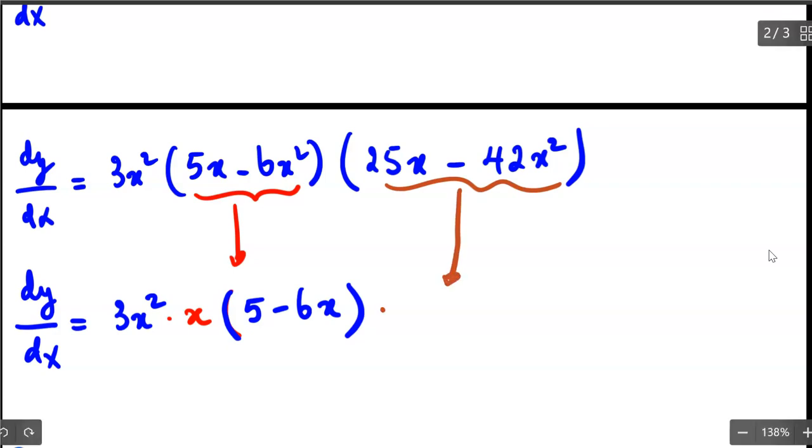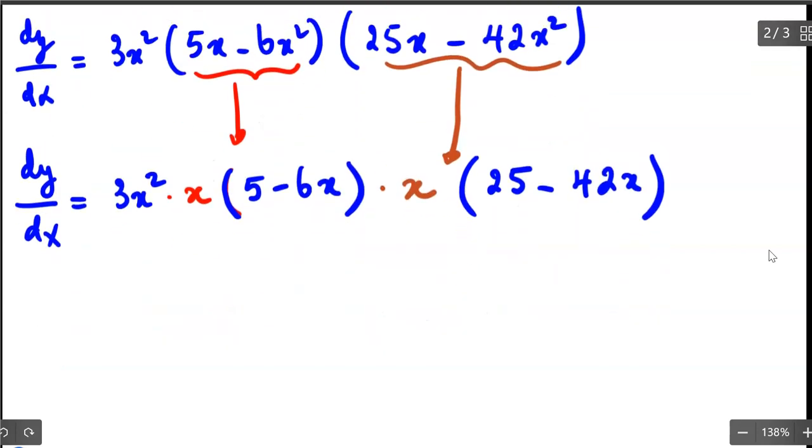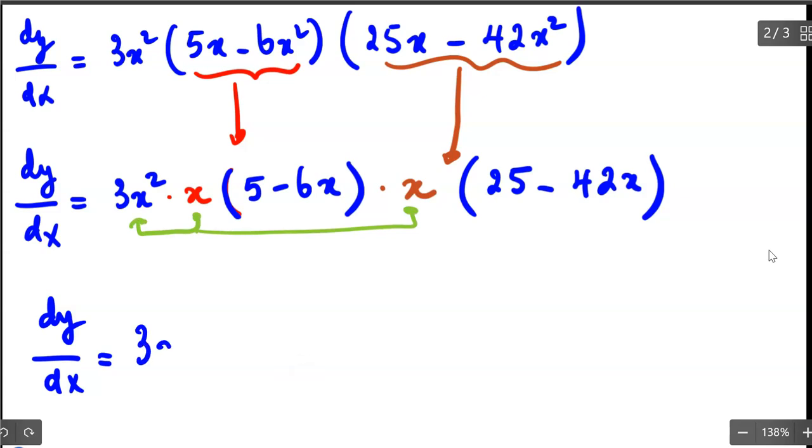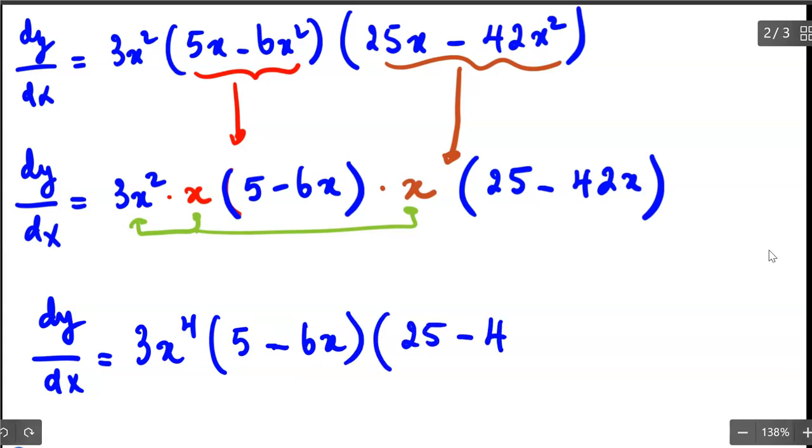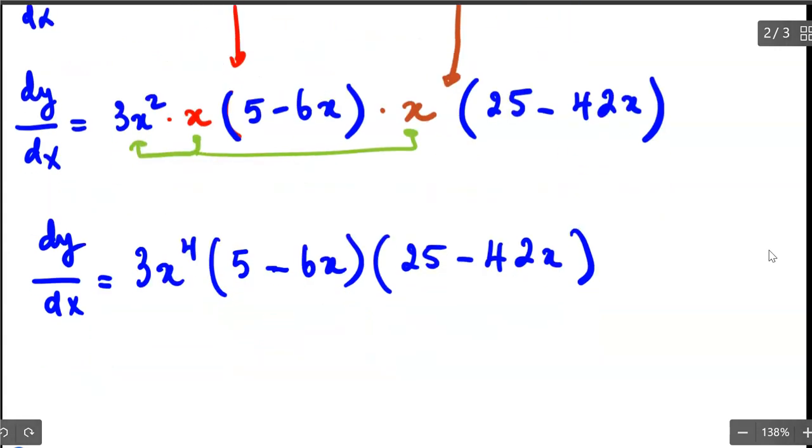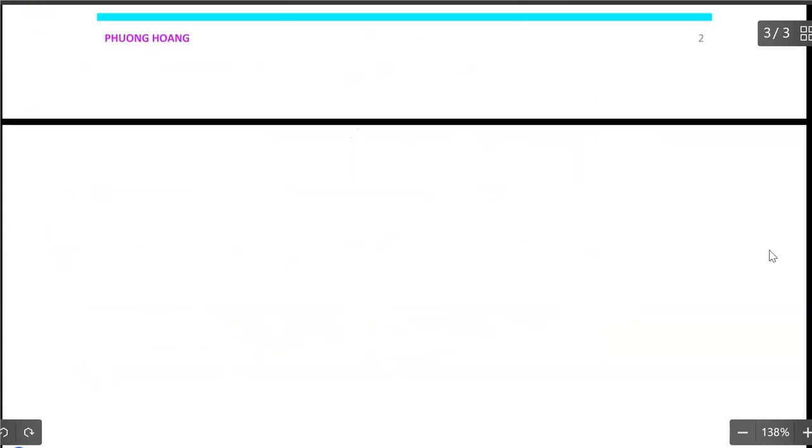So here I will put times x, and then I will have 25 minus 42x left inside the bracket. So in the end, my final answer will be dy over dx. You see that you are combining 3x squared with the x, and then with that x, I should have 3 times x to the exponent 4 multiplied by 5 minus 6x and multiplied by 25 minus 42x as my final answer for this differentiation.